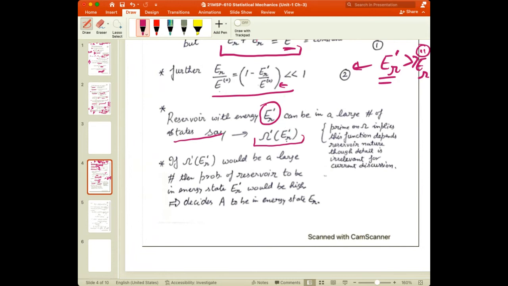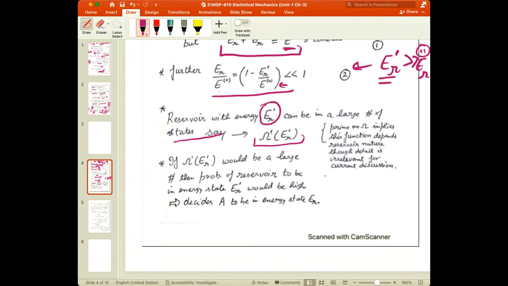I think you can understand why it's a function of E_r prime, because for different energy eigenvalues of the reservoir, the number of states it can be in depends upon these energy eigenvalues, right? Similarly, I'm putting one prime here. This prime basically means the structure or internal structure of the reservoir. Although this detail is not going to matter in our discussion, there is a deeper meaning of putting this prime.